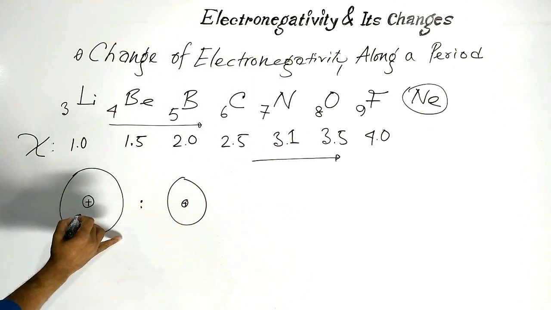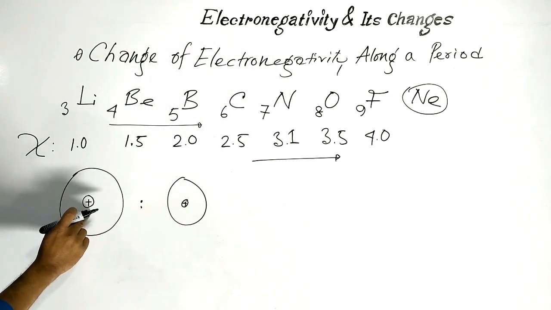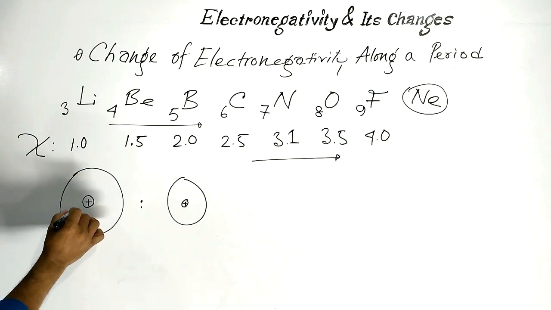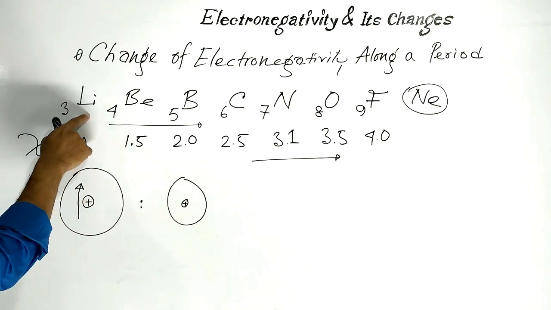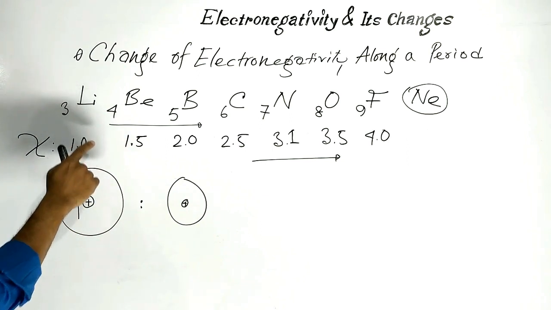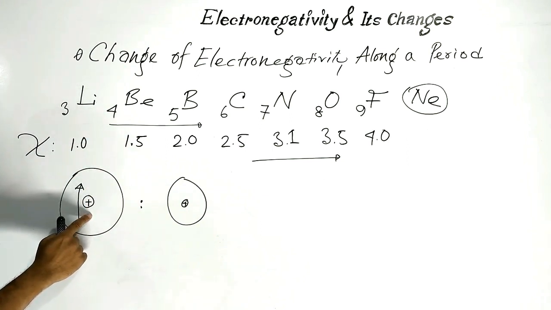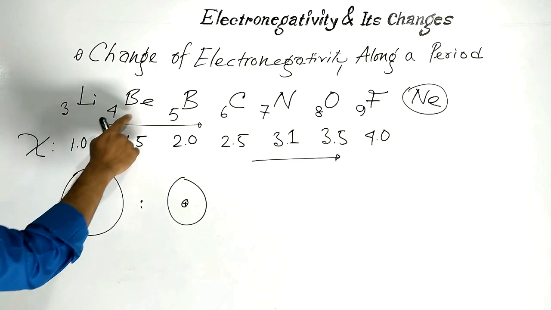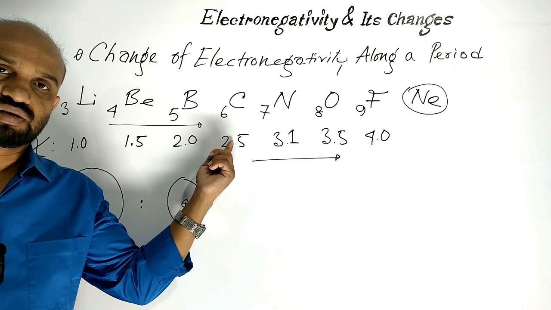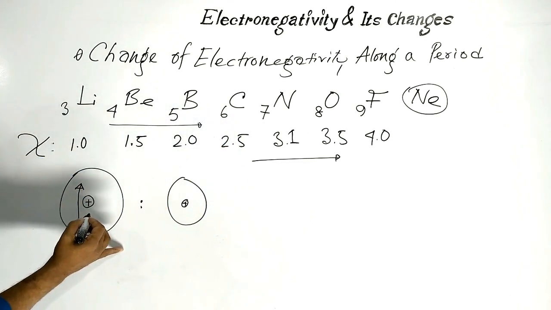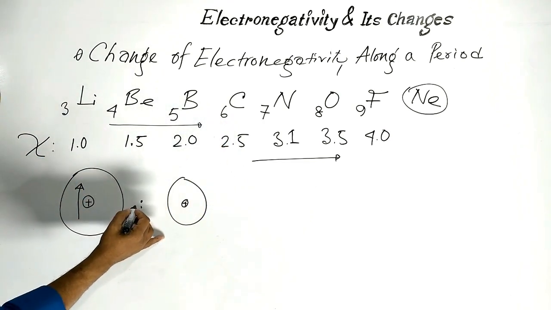That means the number of protons in the nucleus increases. That is, effective nuclear charge increases from left to right.